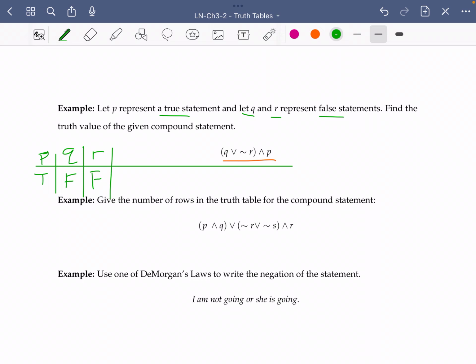So we're not building the whole truth table, just one piece of that truth table. And so we're going to build all this out. Let's first find the stuff in the parentheses.